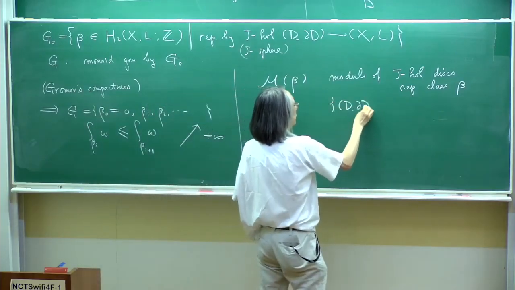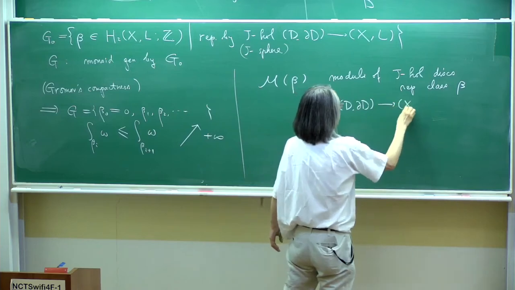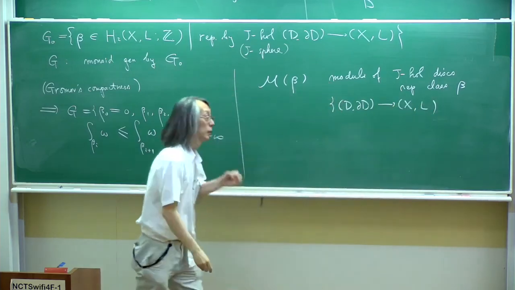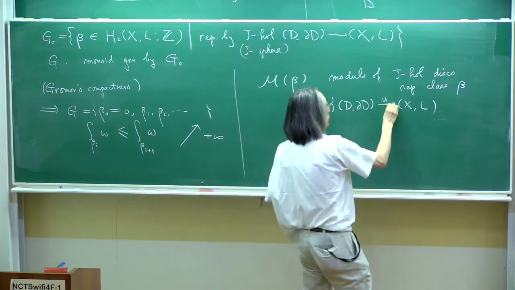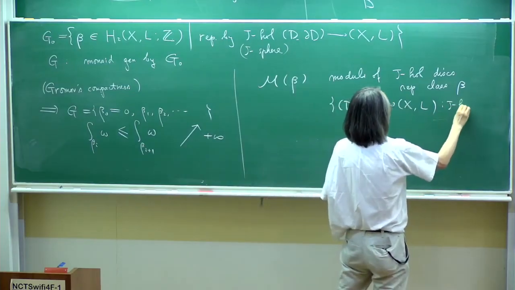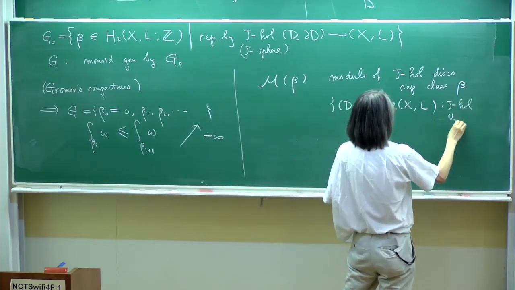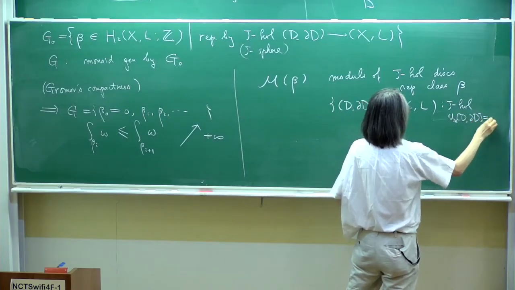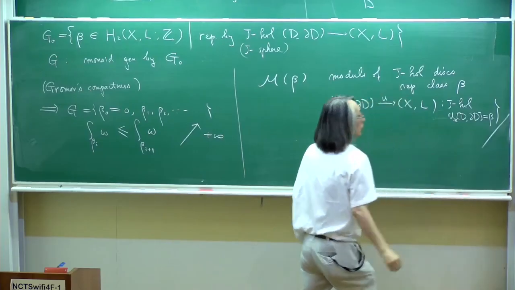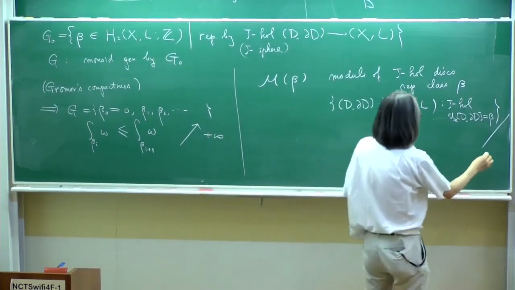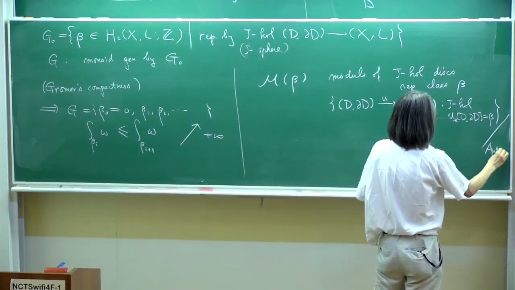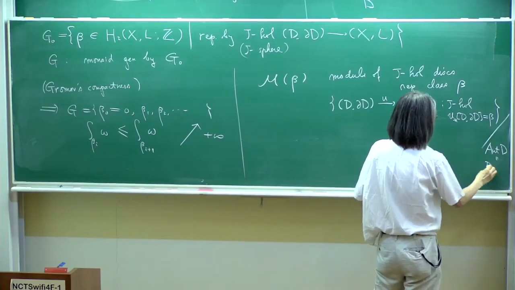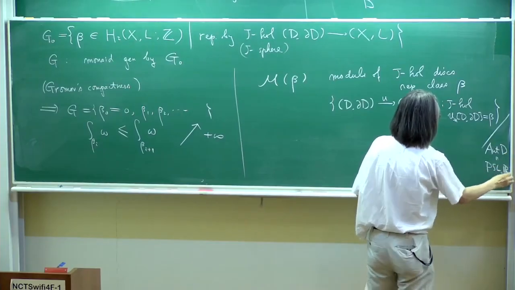Roughly speaking, you have this Q and J-holomorphic u, so that this class is equal to beta, and then you just mod out by the automorphism of the disk. So this is PSL(2,R).